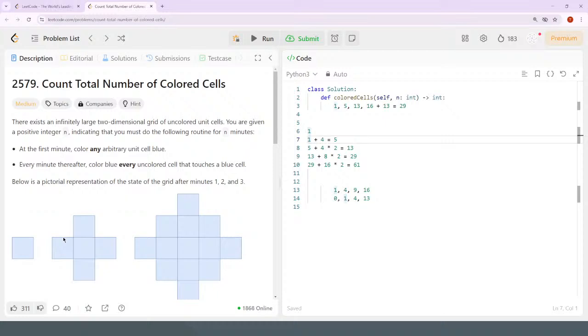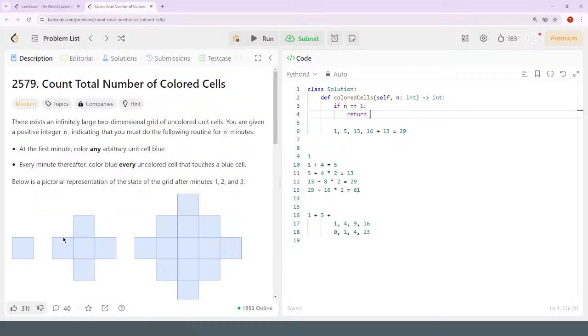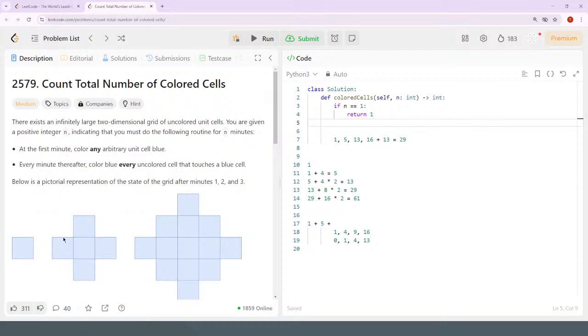But, okay. Well, let's just do this here. If n equals 1, return 1.